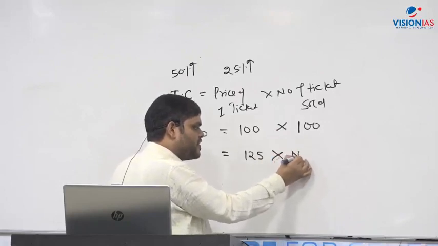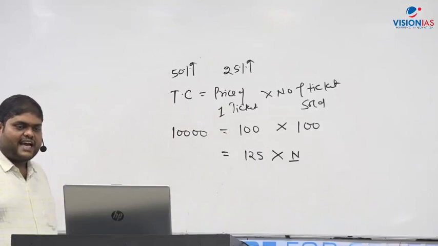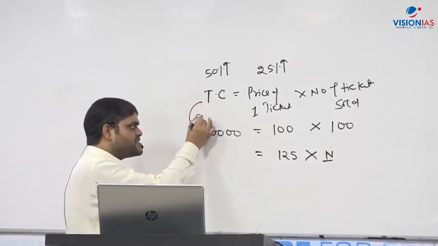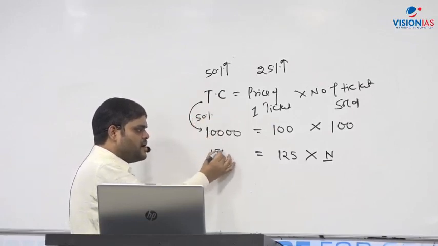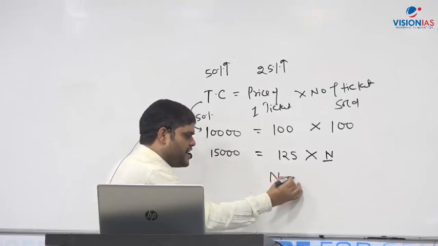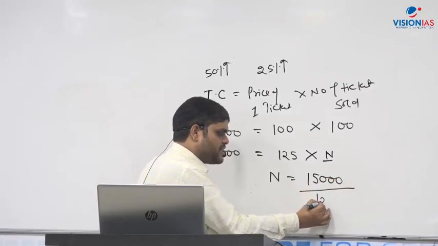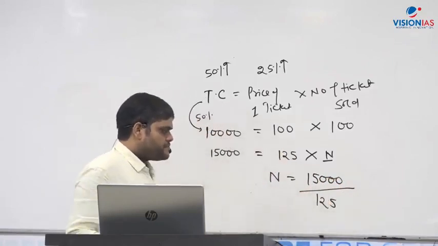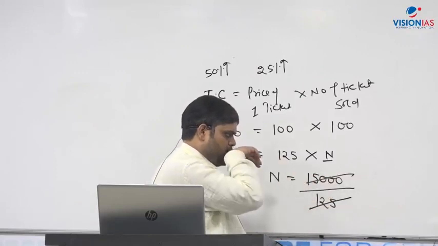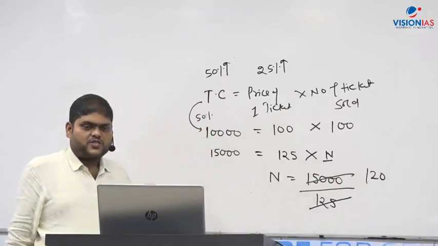Now this value, suppose n, the number of tickets sold. This value is increased by 50%, that means this becomes 15,000. Can we find the value of n? n becomes 15,000 upon 125. I think this will come as 120.